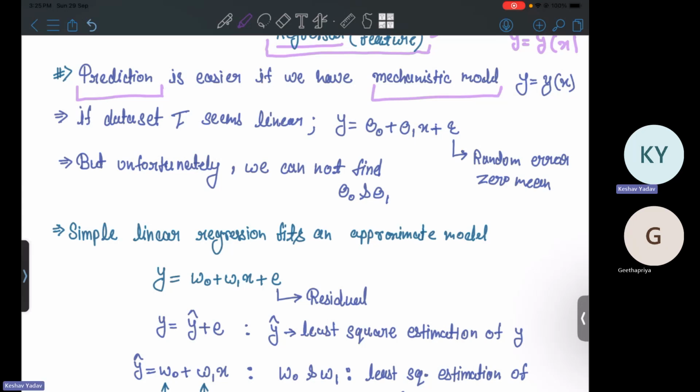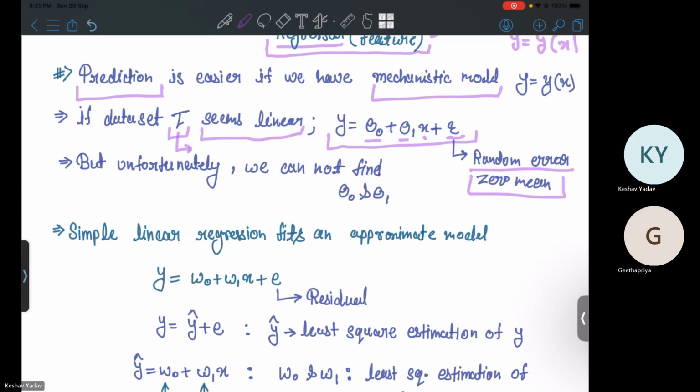So we are assuming that our data, the training data given to us, seems linear. If the data seems linear, then we can assume y equal to theta naught plus theta 1 multiplied by x plus epsilon. This epsilon is random error that will have zero mean.